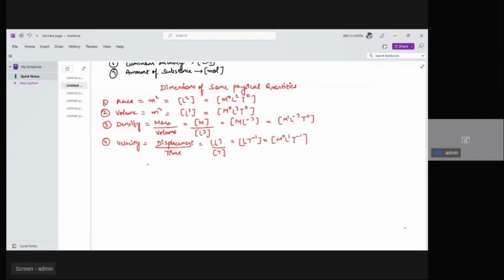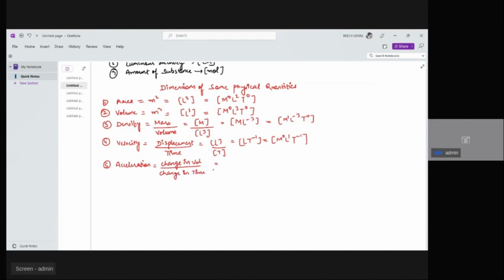Correct. Next, we can write for acceleration. Acceleration is change in velocity divided by change in time.